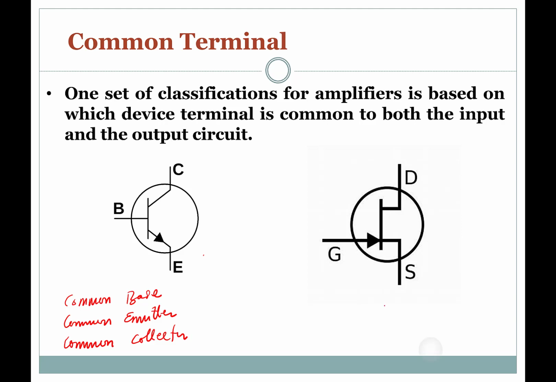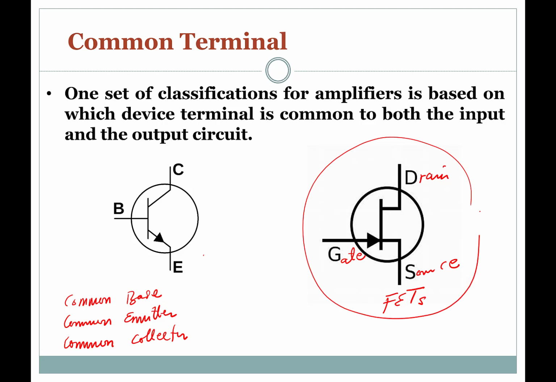Same way for FETs, or field effect transistors. In full, you would remember that we have the drain, the source, and then the gate. So similarly to BJTs, the FETs could be classified based on their common terminals in terms of their input and output circuits. So that is one way of classifying amplifiers, based on their common terminals.